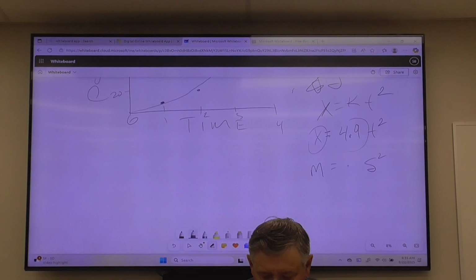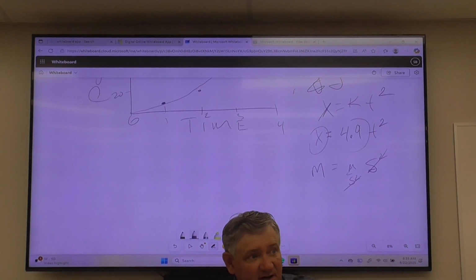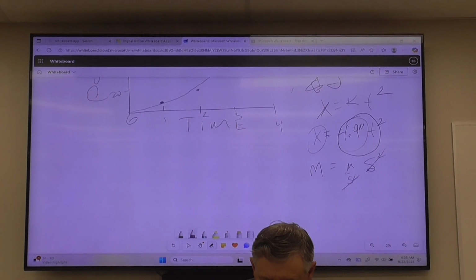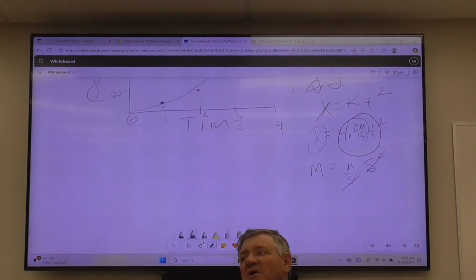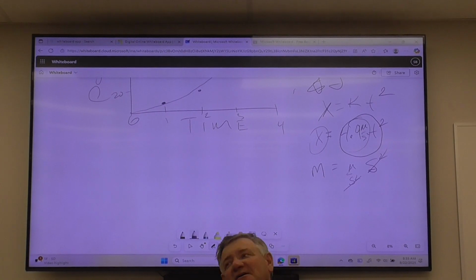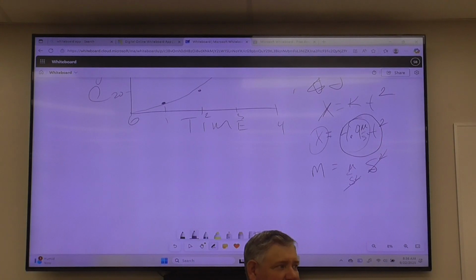Meters over second squared, because then the second squared cancels out and I get meters. So the units on that is 4.9 meters per second squared. What's measured in meters per second squared? Acceleration. So the k value is the acceleration of the object. Or you can just put y equals kx squared. It just depends upon how far down the physics rabbit hole you want to go.